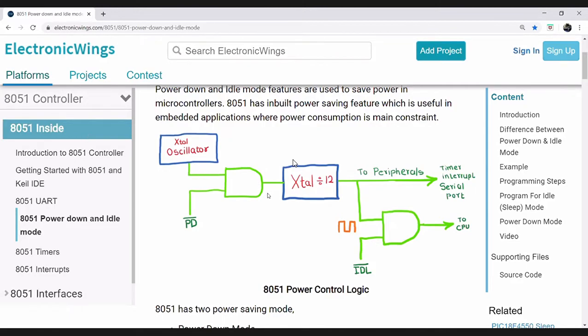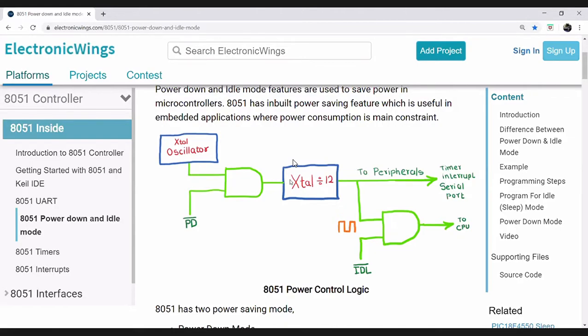The frequency from the oscillator will reach these peripherals and CPU only when this part is 1, because this is multiplication, right? This is multiplied, ANDed with this. If this is 0, then the output will be 0.